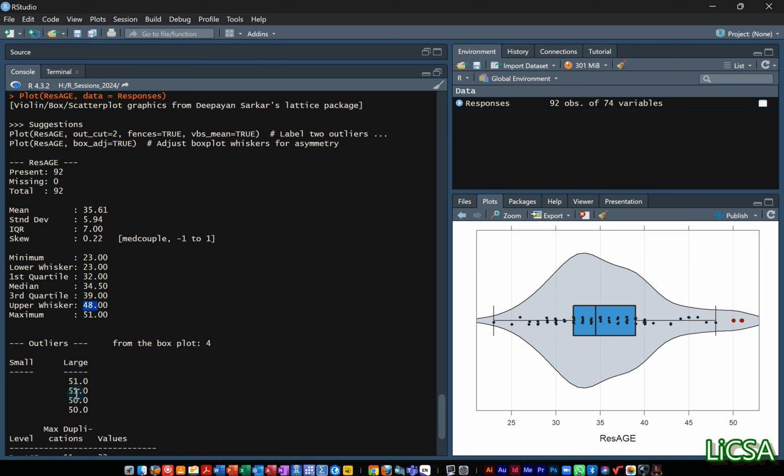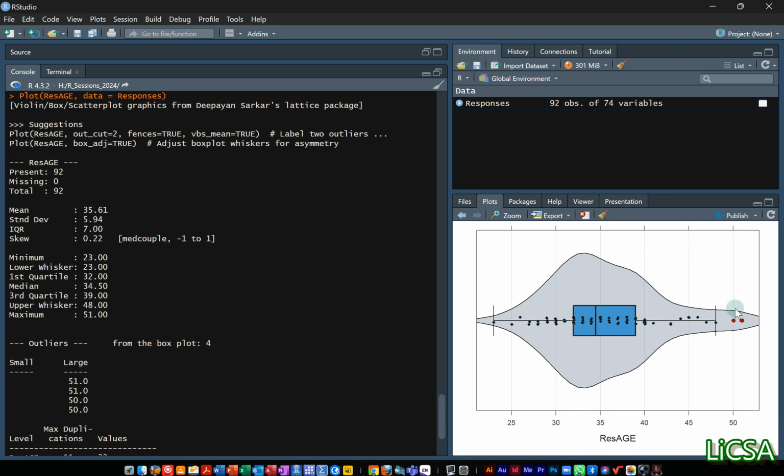Now, I talked about outliers, these ones, 50 and 51. Any number that is above the upper whisker here, 48, is treated as an outlier. That's why 50 and 51 are taken to be outliers. This number 48 is here on this graph. So 50 is this one, which is an outlier, and 51 is here.